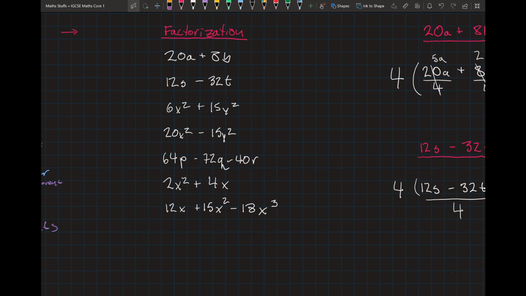Alright, so we just finished these two. Now we're going to do this one here, and this is a little bit more interesting because of the squares.